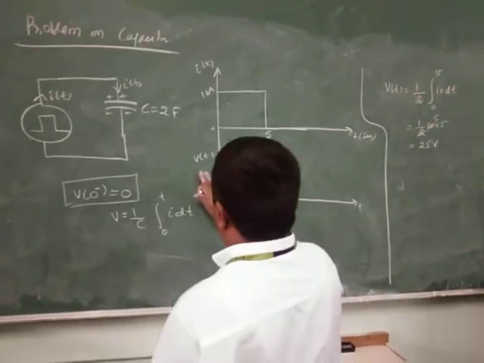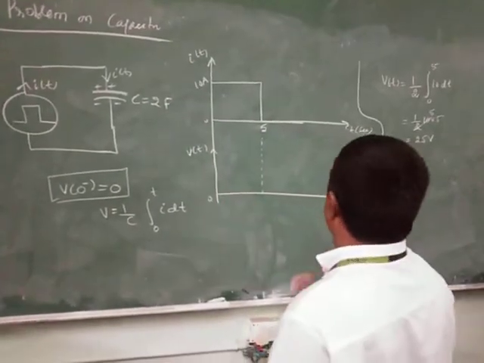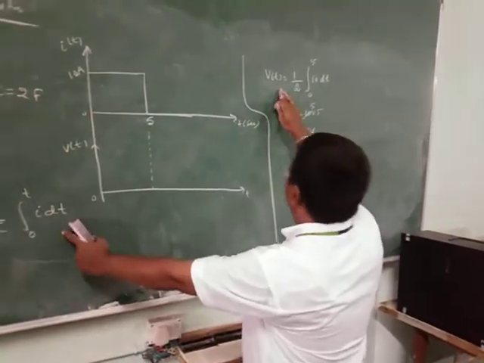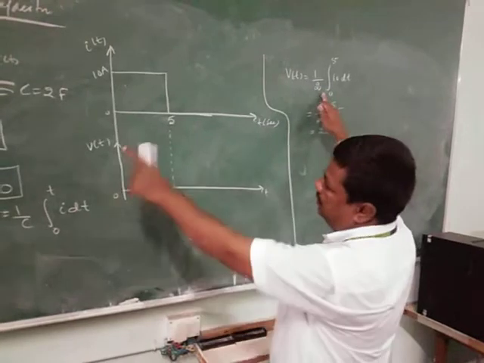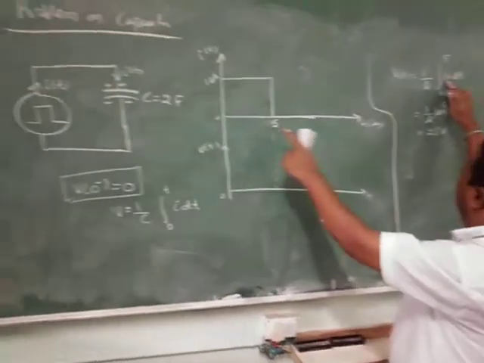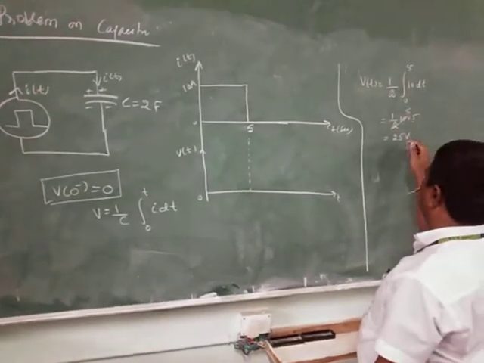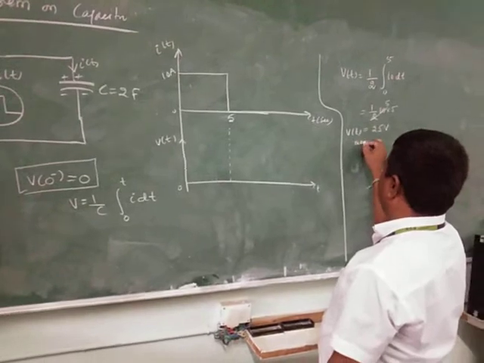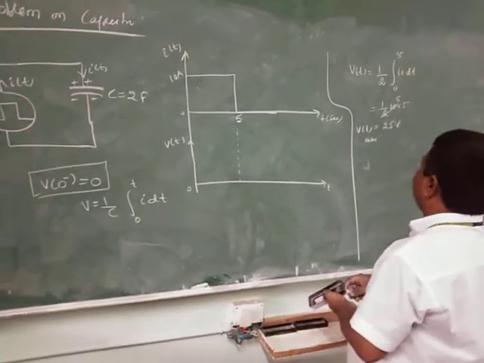What is the voltage developed across the capacitor? Using the expression, 1 by C, here the capacitor is 2 farad, times the integral from 0 to 5 of I dt, 10 into dt, that is equal to 25 volts. This is the maximum.